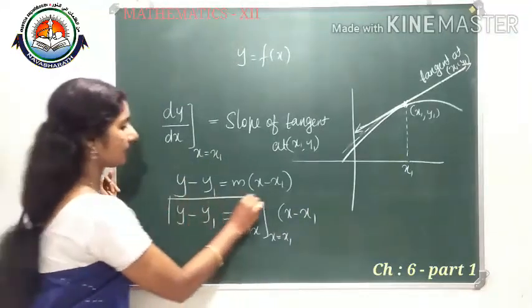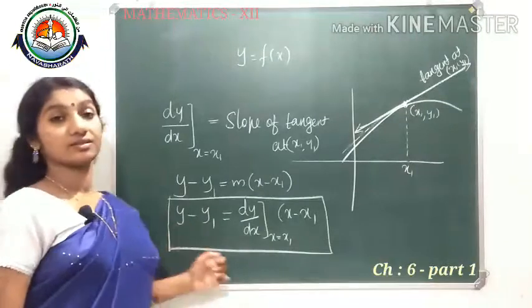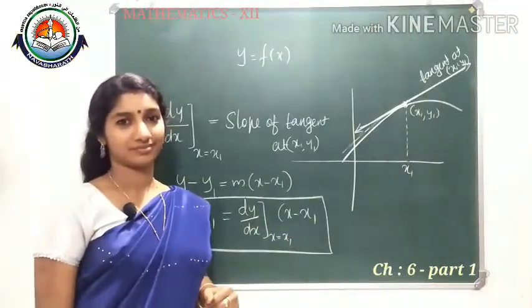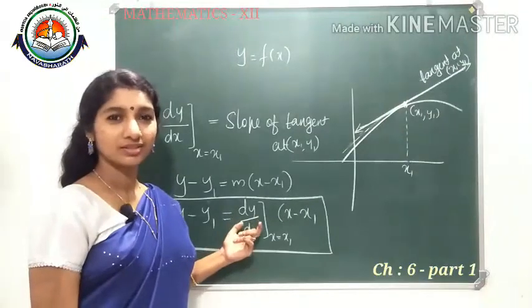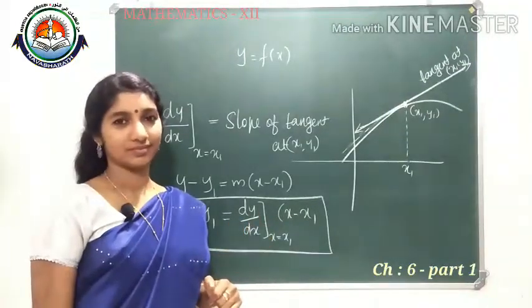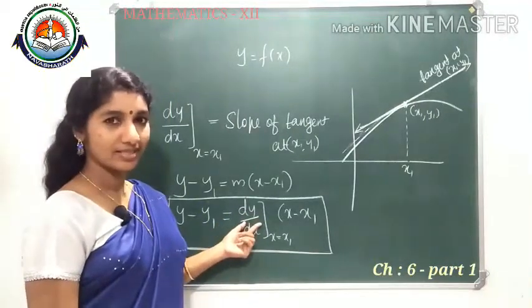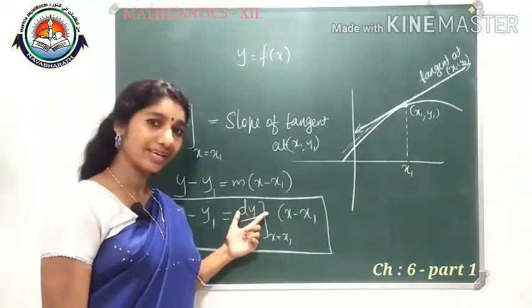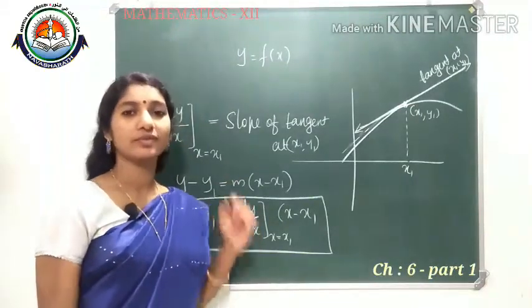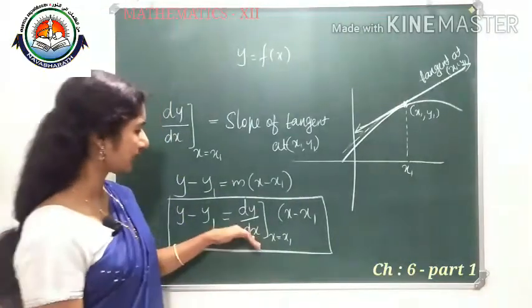So this gives the equation of the tangent at x1, y1. So dy by dx is the slope of the tangent, and as an application of the derivative we can find the slope of the tangent and write the equation of the tangent. The equation of the tangent is ready.